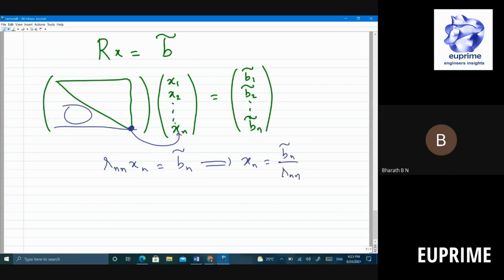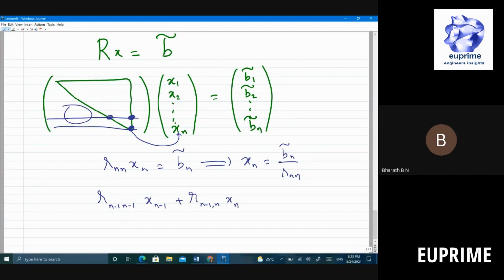Now what happens to the next row? You have the diagonal entry and the off-diagonal entry. The diagonal entry is R(n-1, n-1), which gets multiplied by x(n-1), and R(n-1, n) gets multiplied by xn.